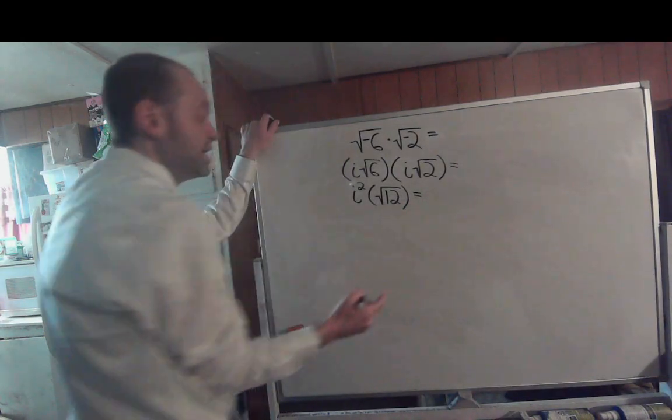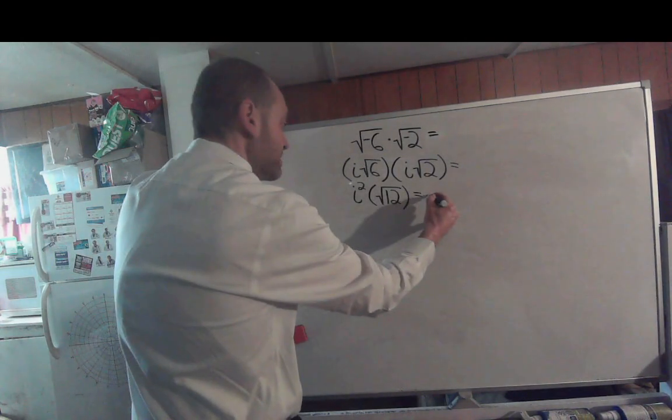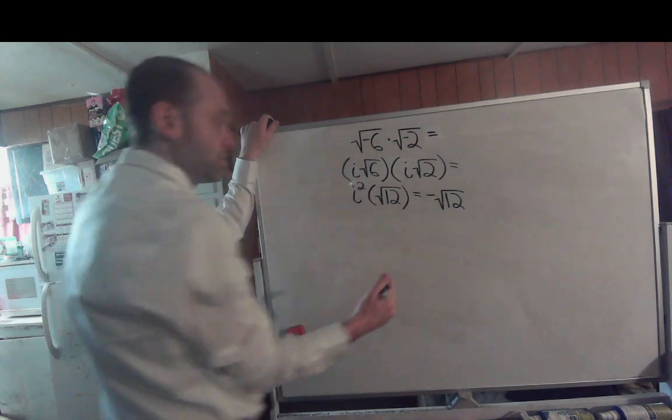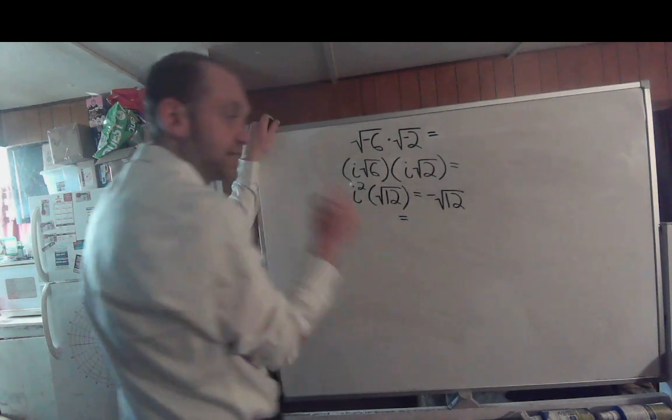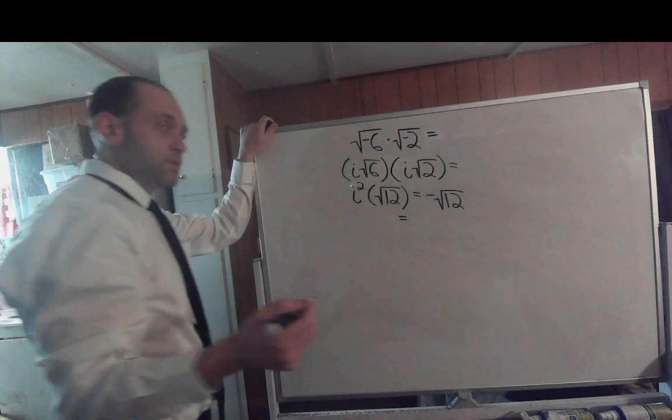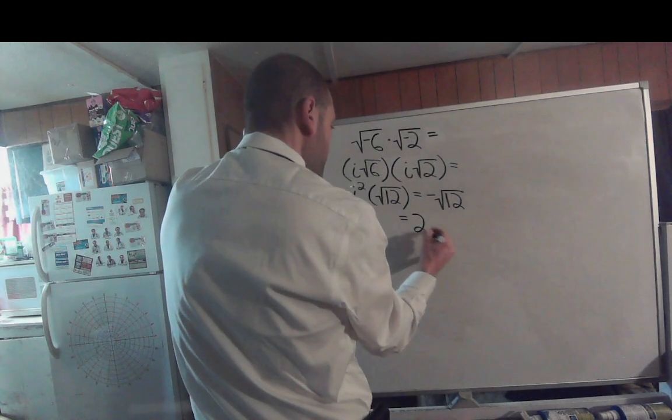Alright, so what is i squared? That's the same as negative square root of 12, but we want to get this in simplest form. Square root of 12 breaks down into the square root of 4 times the square root of 3.